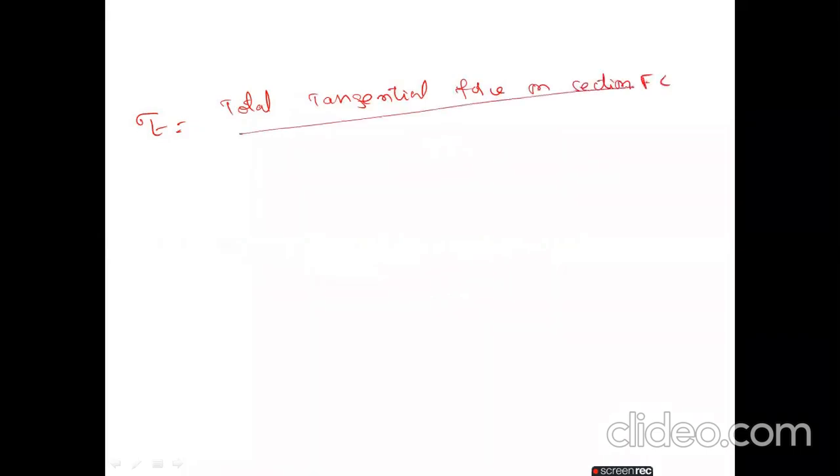Sigma t equal to total tangential force on section FC by area of section FC. Okay, so that is Pt by FC into 1.